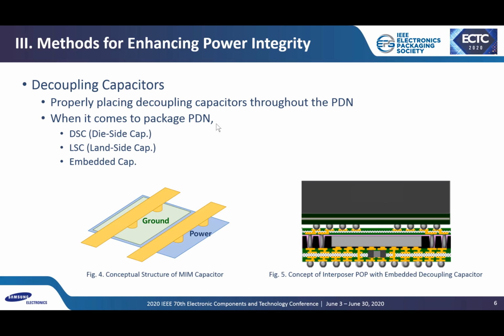When it comes to package PDN, decoupling capacitors can be placed on the substrate or bottom board end, or in the package substrate. Figure 4 shows a conceptual description of the MIM structure, and Figure 5 shows embedded LICC in the package substrate.